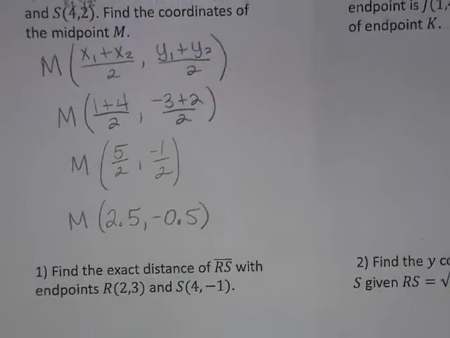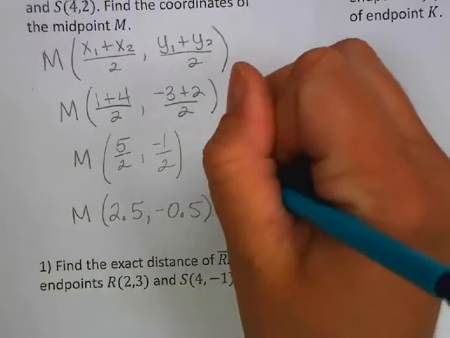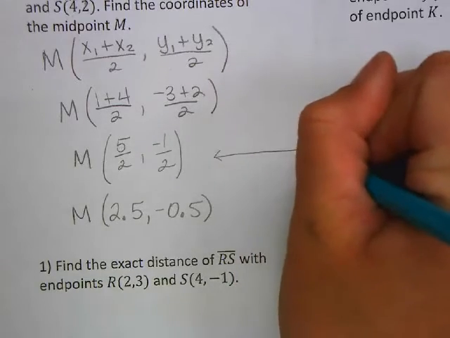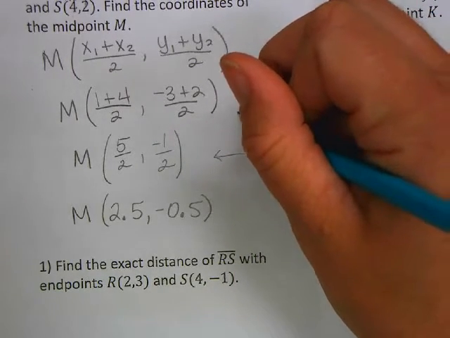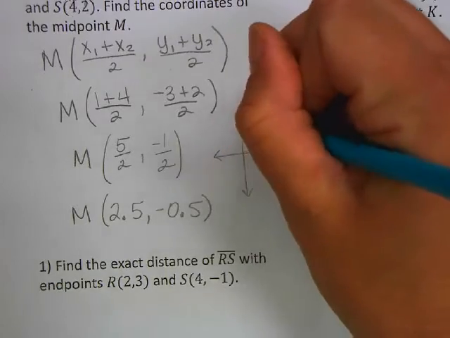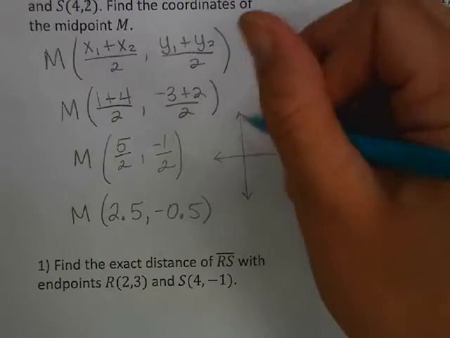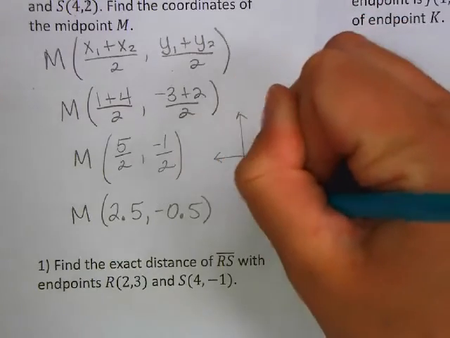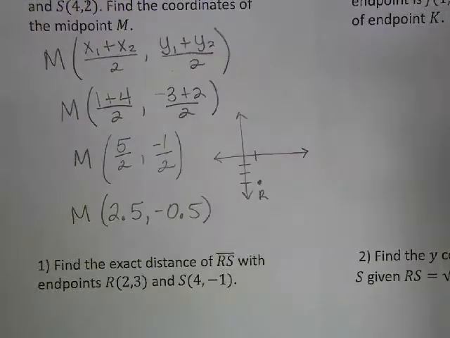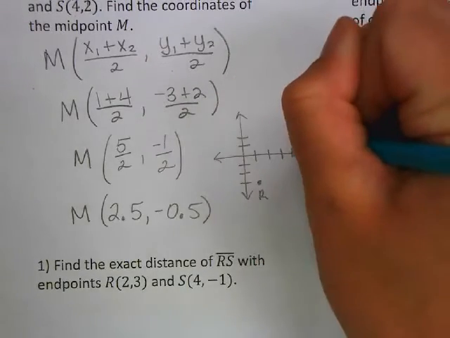So if I wanted to just go back to number 1 and do that, just to make sure that I did the problem correctly, it doesn't have to be anything fancy. So just draw in your axes, and then point R is 1, -3. Point S is 4, 2.